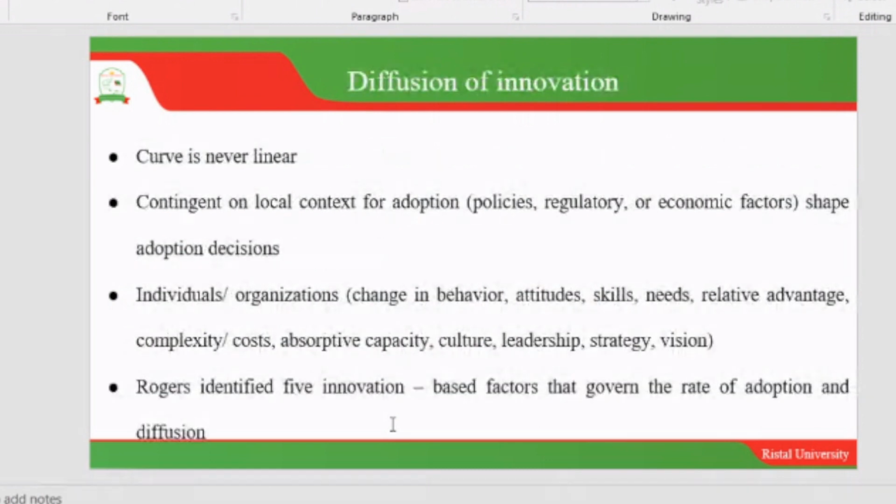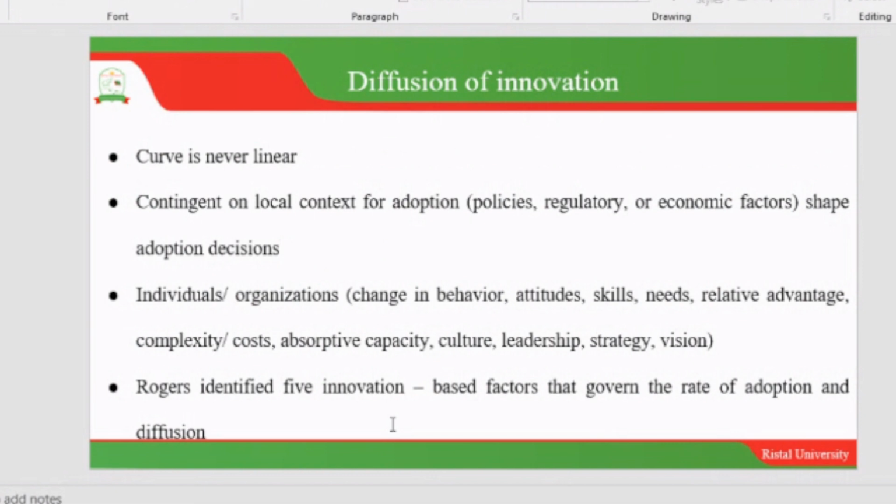Then diffusion of innovation. In this case, we recognize that the curve is not linear, or what we are saying is that you cannot say that when I put in an innovation, I'm very sure I'm going to get the market. Okay, or there will be a market for this innovation.